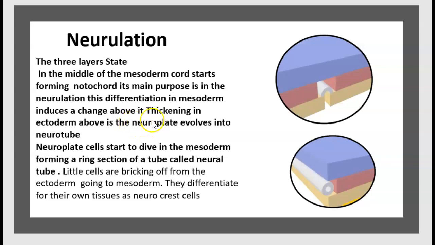The neuroplate evolves into the neurotube. Neuroplate cells start to dive into the mesoderm, forming a ring section of a tube called the neural tube. Little cells break off from the ectoderm going to the mesoderm. They differentiate into their own tissue as neural crest cells.